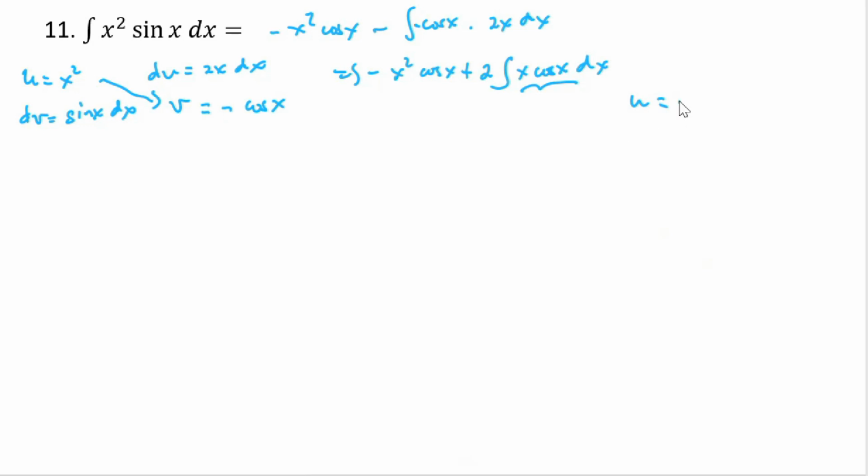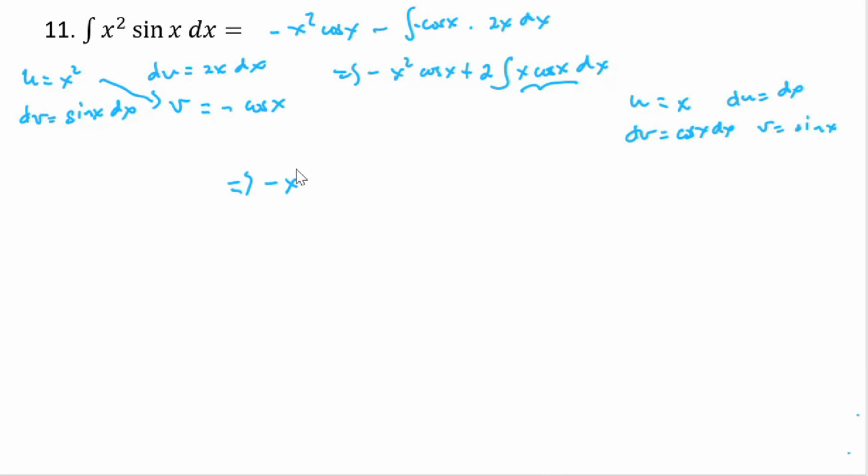So u now is equal to x, and dv is equal to cosine of x dx, and du is just equal to dx, and then our v there is just the integral of cosine x dx, which is sine x. So after determining now the u, dv, du, v on the second term, I will just write first the product of uv on the first term.